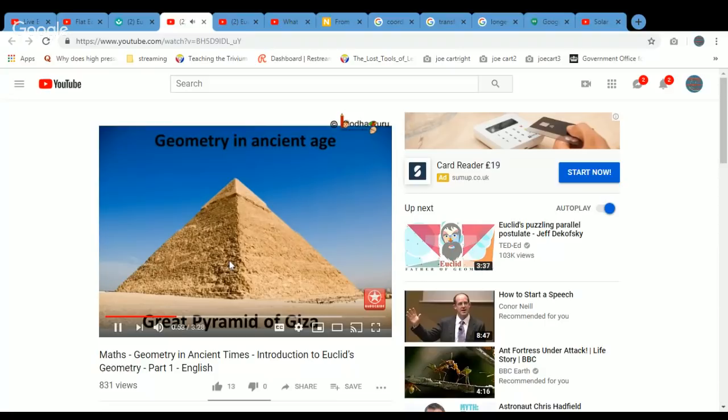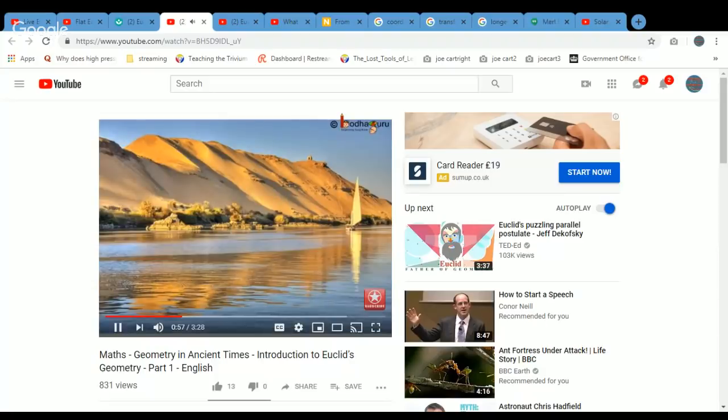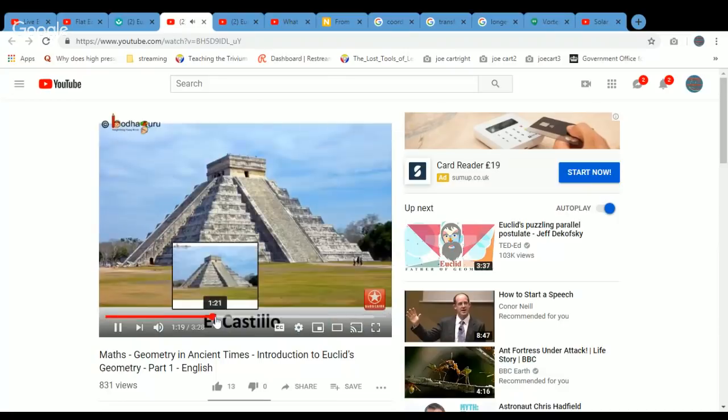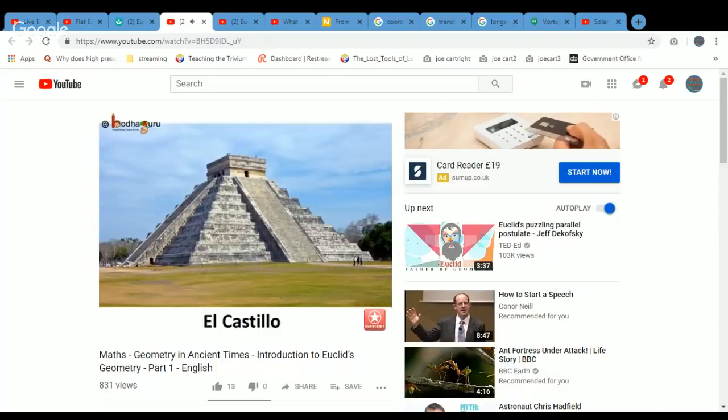And are also congruent. In ancient Egypt, whenever the river Nile overflowed, it wiped out the boundaries between the adjoining fields. This architectural marvel, named El Castillo, was built during Maya civilization.